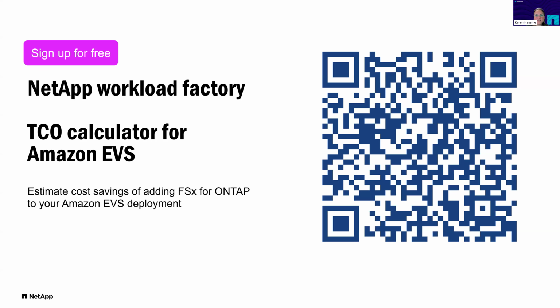The other thing is Amazon EVS uses vSAN as primary storage, so it is a hyper-converged infrastructure. And if your workload needs exceed the host storage capacity, you will find yourself having to add expensive hosts just for the storage. So anytime you have to add additional hosts just for the storage, this is when you need to think about adding FSx for ONTAP to reduce those costs and just pay for the storage and decouple that storage. So with that, I think we can open up for questions.